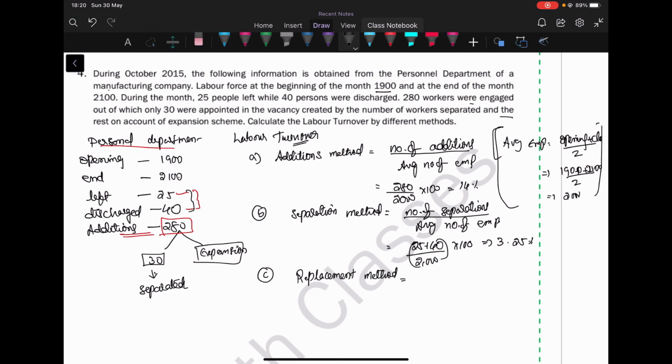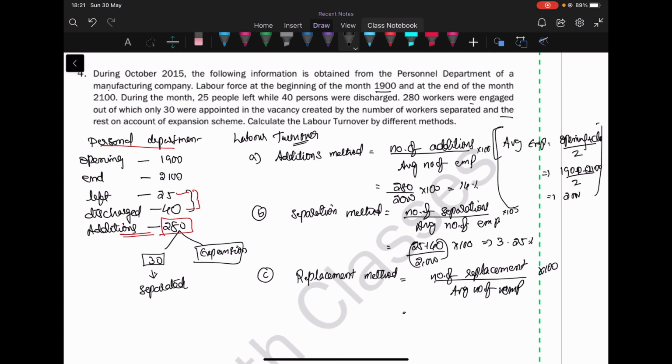Next method is the replacement method. Under the replacement method, I will write number of replacements, only replacements, divided by average number of employees into 100, everywhere into 100.